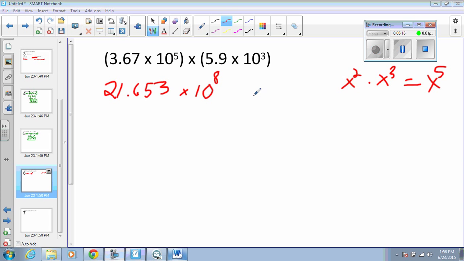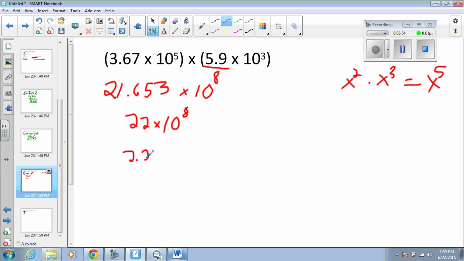3.67 times 5.9 is 21.653, but we only have two significant digits in this number, and when you multiply, it's a matter of the least amount of significant digits. So this is really 22 times 10 to the 8th, and that is not in correct scientific notation because we need to put a whole number behind the decimal that's less than 10. So we've got to move the decimal place over 1.